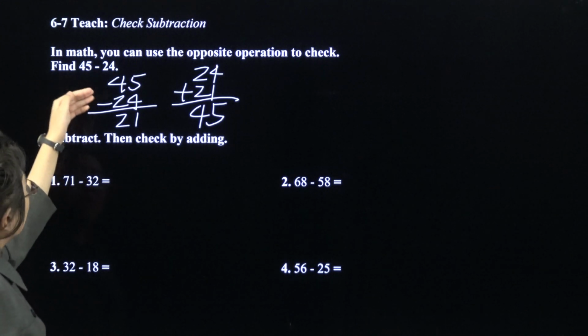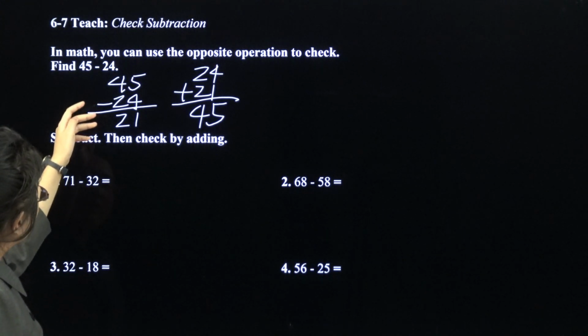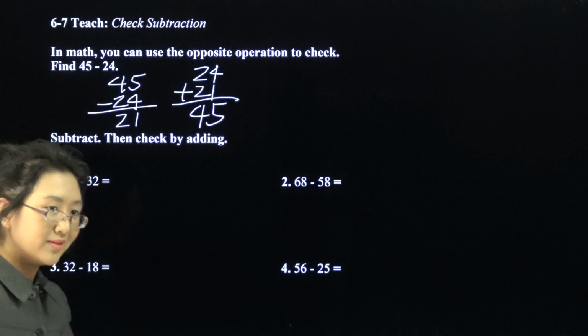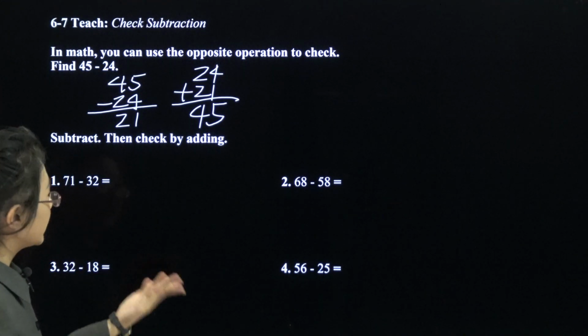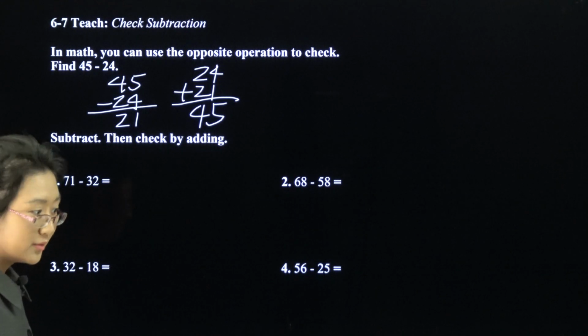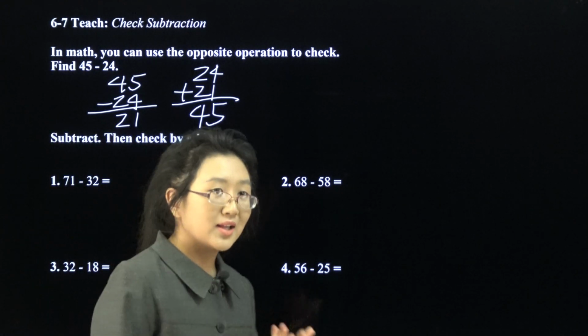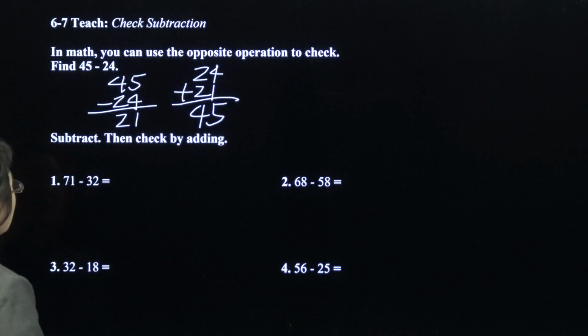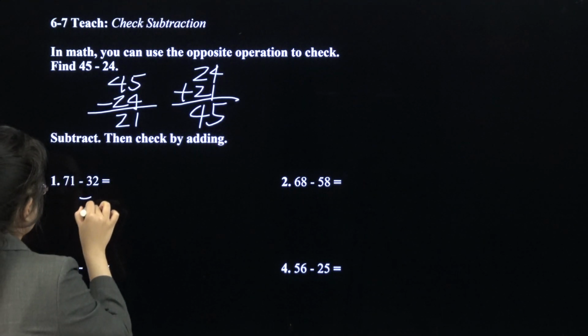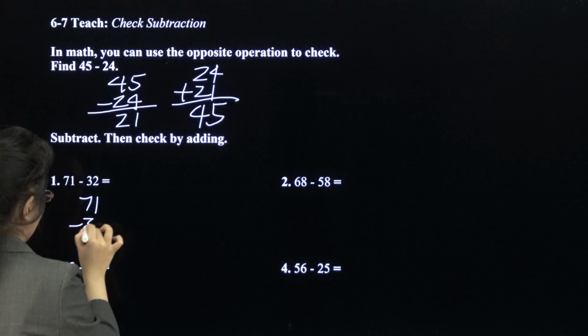So if we take away 24 from 45, we get 21, which means that if we add 21 and 24, we should get 45, which we do. This is also related to the fact families. Okay, so let's do some subtraction and checking by adding.